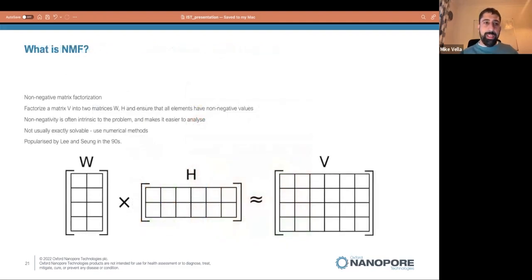And there's a technique for doing this called non-negative matrix factorization, where you factorize this large matrix V into 2 smaller matrices, W and H, and ensure that all the elements have non-negative values. Non-negativity is often intrinsic to this problem because it makes it easier to analyze, but it's not necessarily the case for this technique.